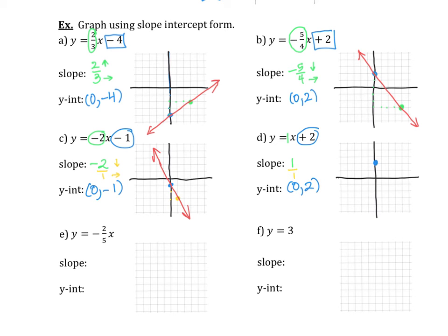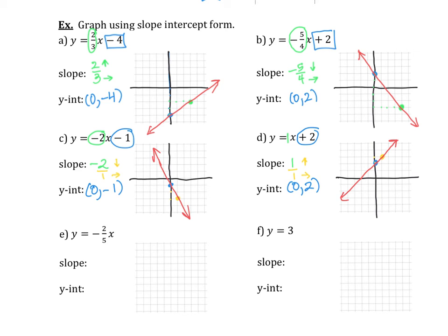So I'm going to put a 1 at the bottom. That's going to tell me I'm going to rise 1, run 1. So from my (0, 2), I'm going to rise 1, run 1. And if you wanted to, you could repeat that to get some more good points on your graph. But as long as I see 2 good points in a line, I'll know that you used slope-intercept form.